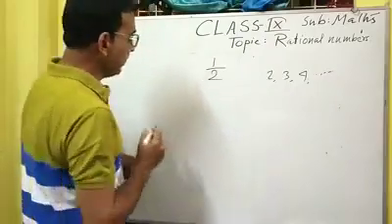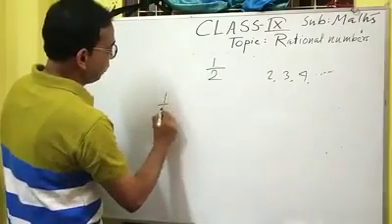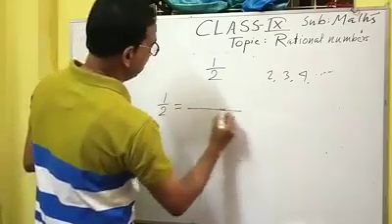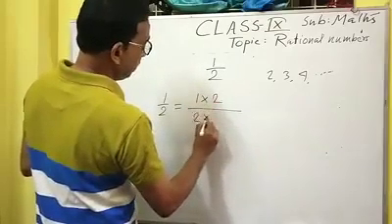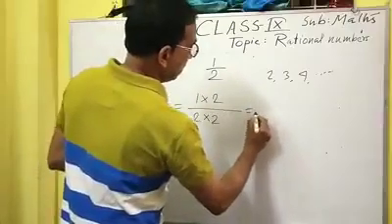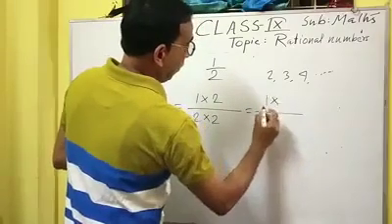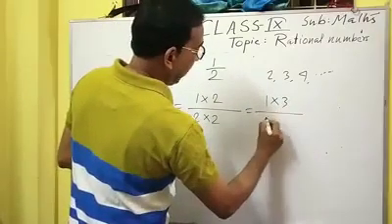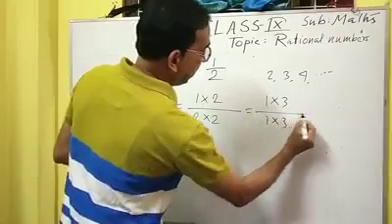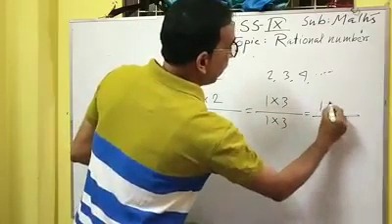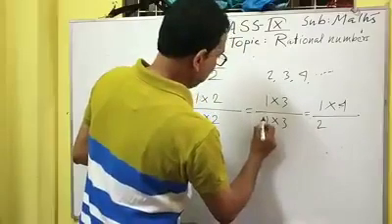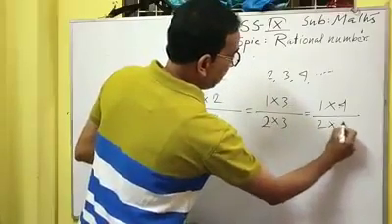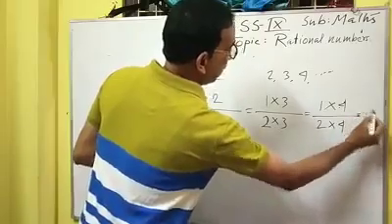So we can write 1 by 2 is equal to 1 into 2 by 2 into 2, multiply by 3, multiply by 4, and so on.